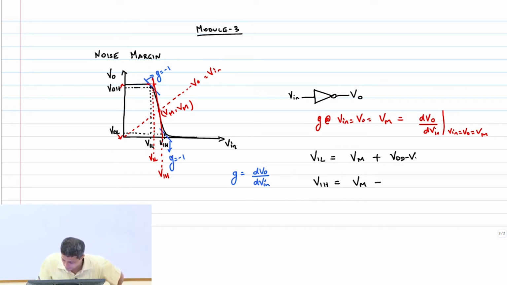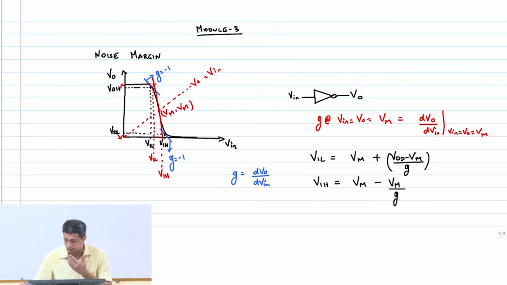VDD minus Vm by G. And VIH minus Vm by G, is it? Yeah, makes sense, because G is a negative gain, minus minus will become plus, so VIH is to the right of Vm and VIL will be to the left of it. So this is the expression that we got.